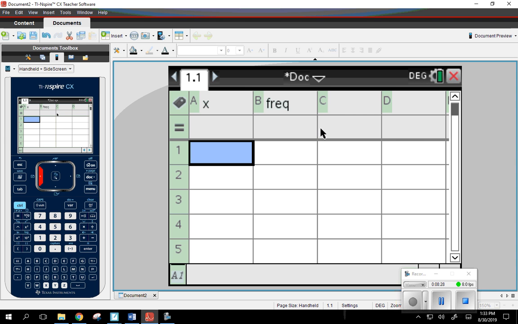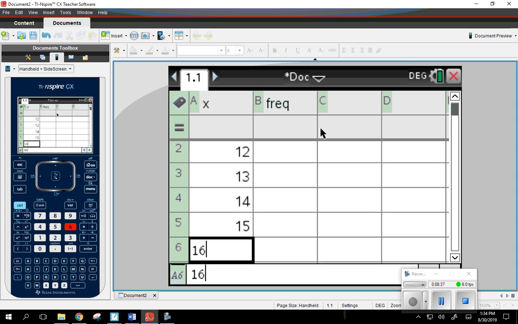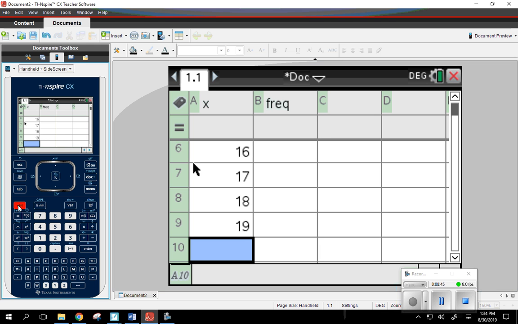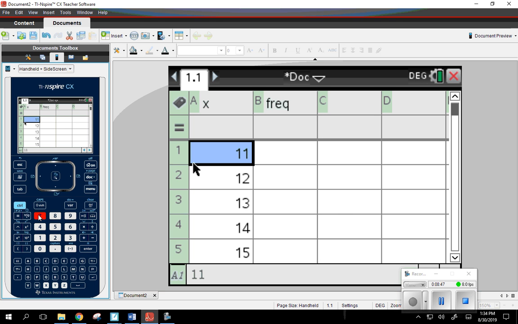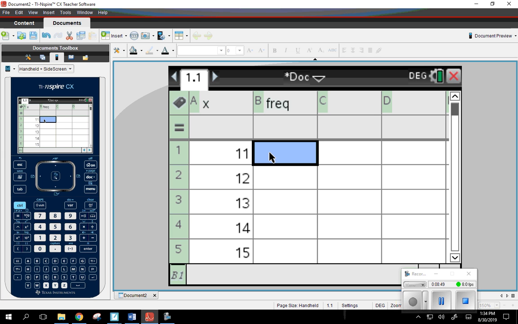Okay. And let me see what my data was. I got my paper over here. So it goes 11 through 19. So 11, 12, 13, 16, 17, 18, 19. Okay. Do you guys remember the trick to get back up to the top? If you hit Control 7, it immediately brings me back to my first input value.